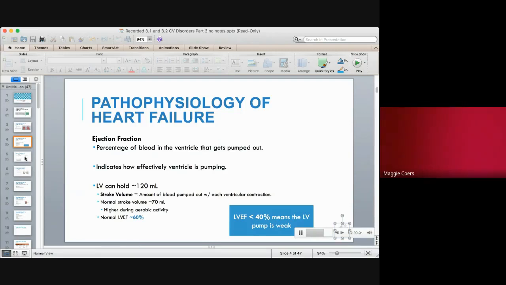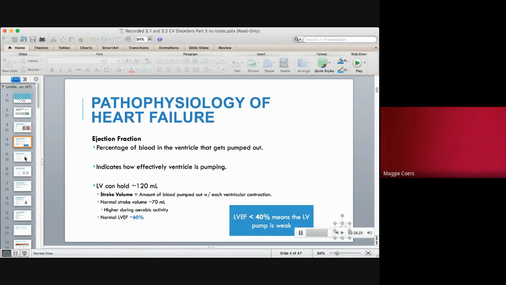We divide 70 by 120 and get 0.6, which is an ejection fraction of 60%. As in my little diagram at the bottom, if we have a left ventricular ejection fraction of less than 40%, that means our left ventricle pump is very weak.